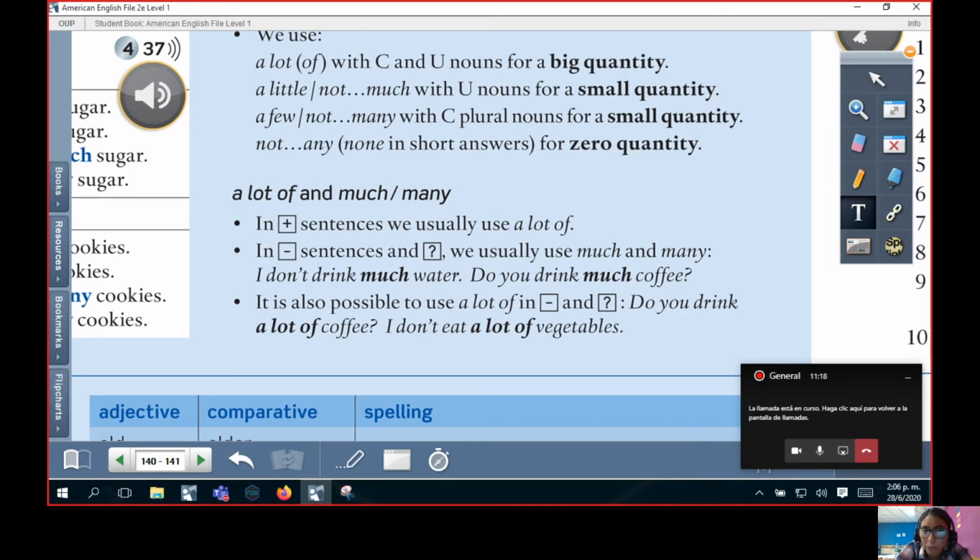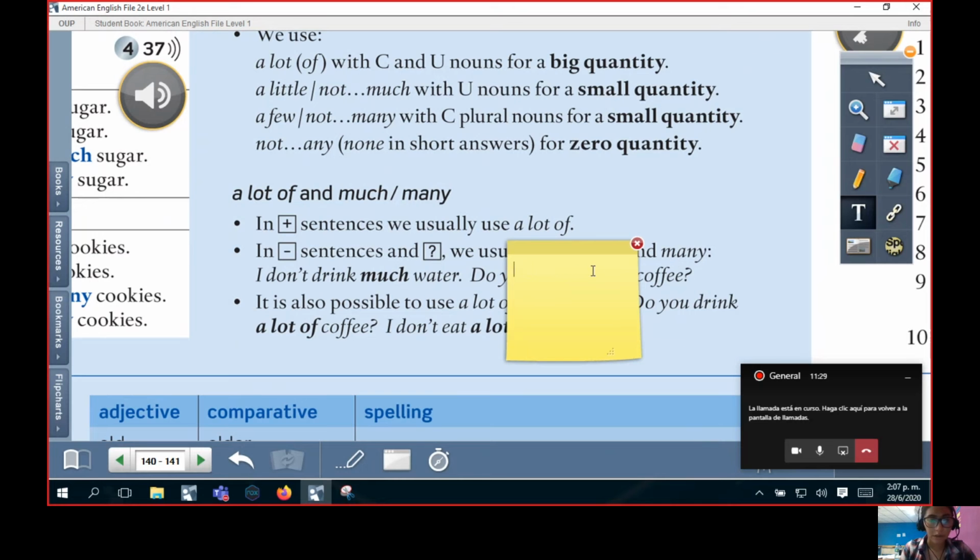So remember that a little and not much are for uncountables. Got it?